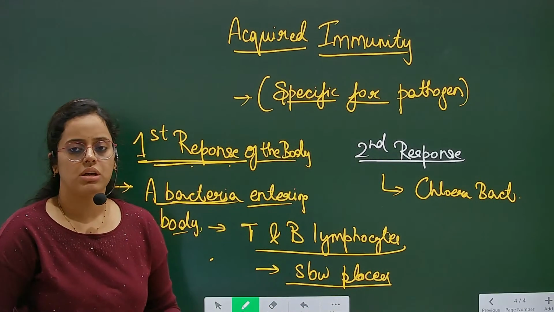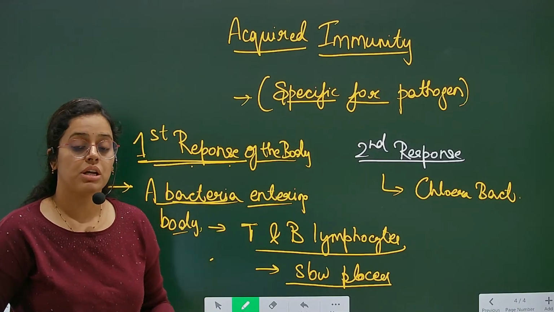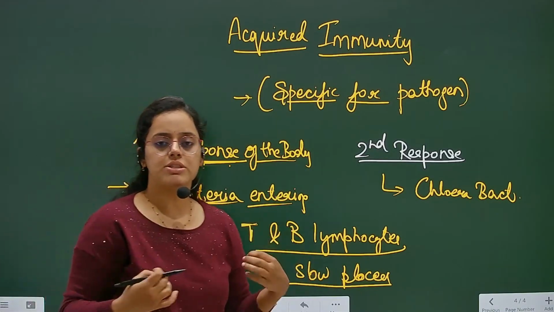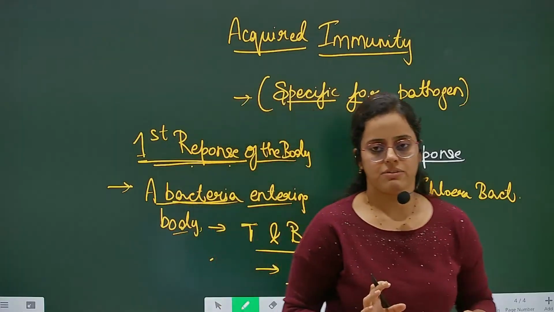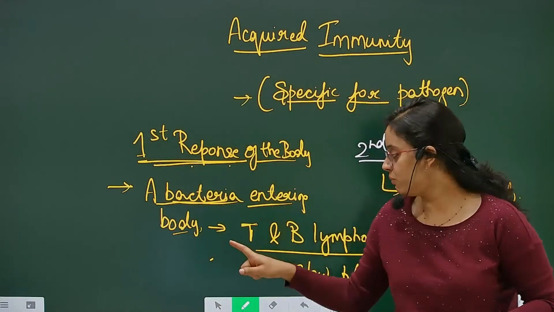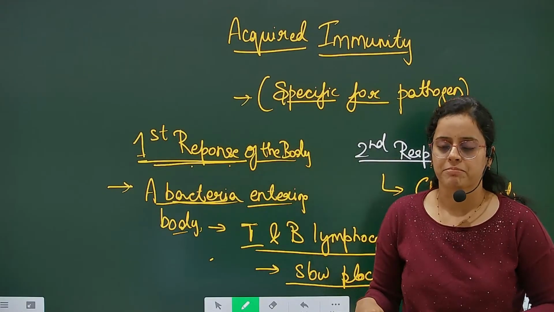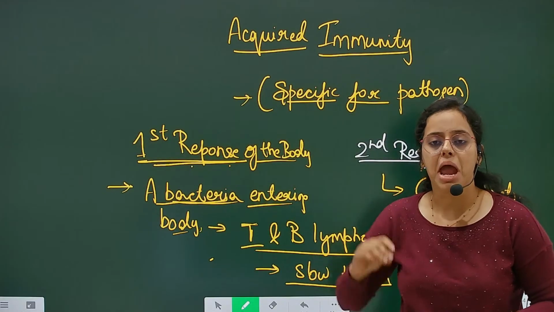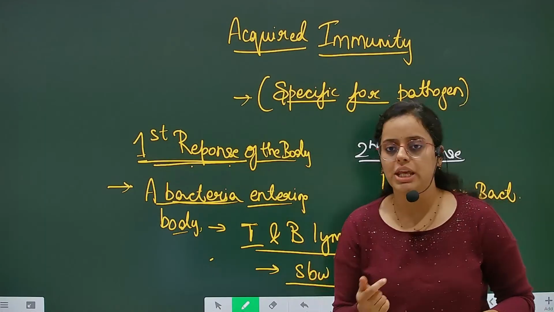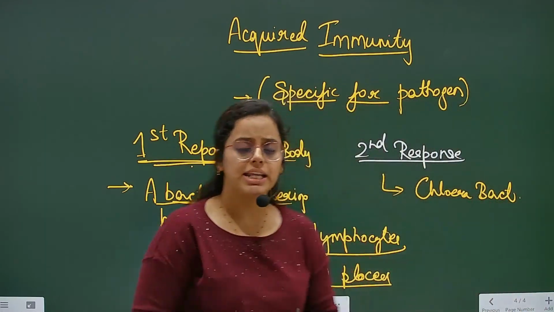Now what happens? This time our defense system is active. It has a memory. T lymphocytes have a memory about this bacteria. It will form antibodies very fast and eliminate the bacteria.